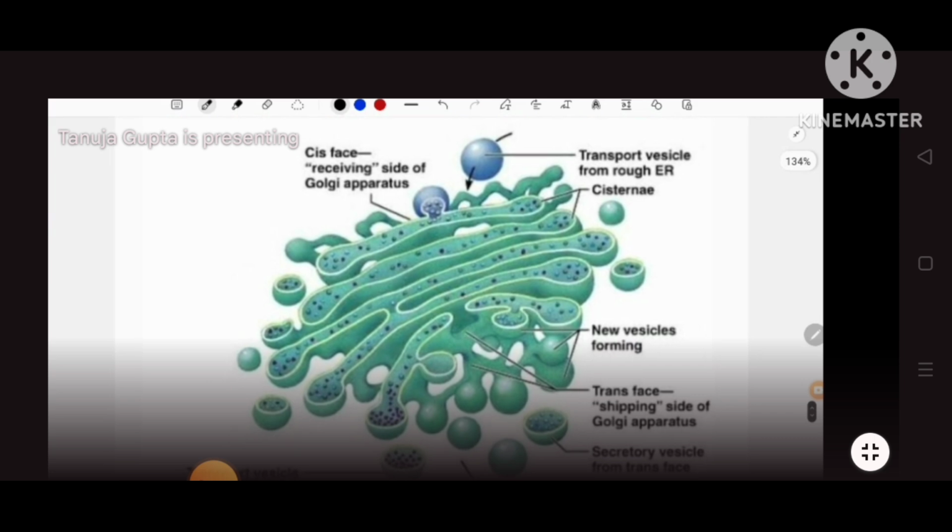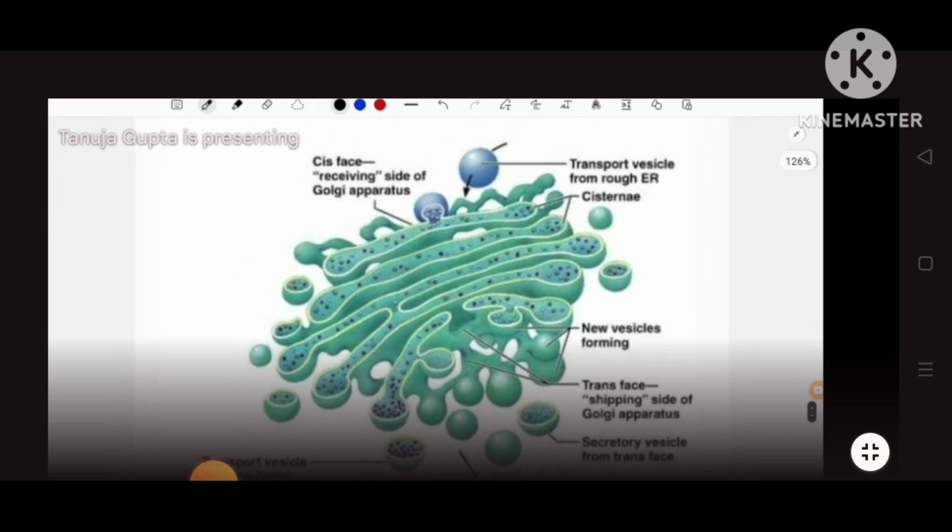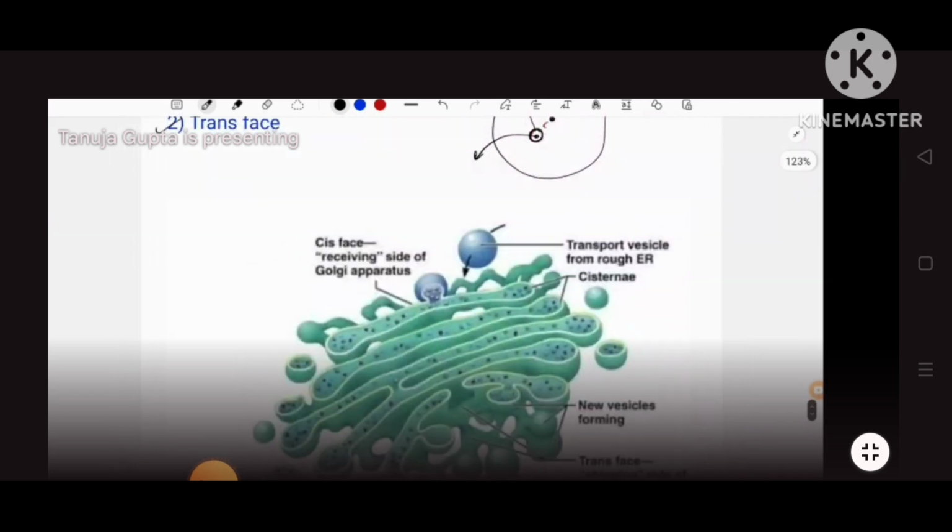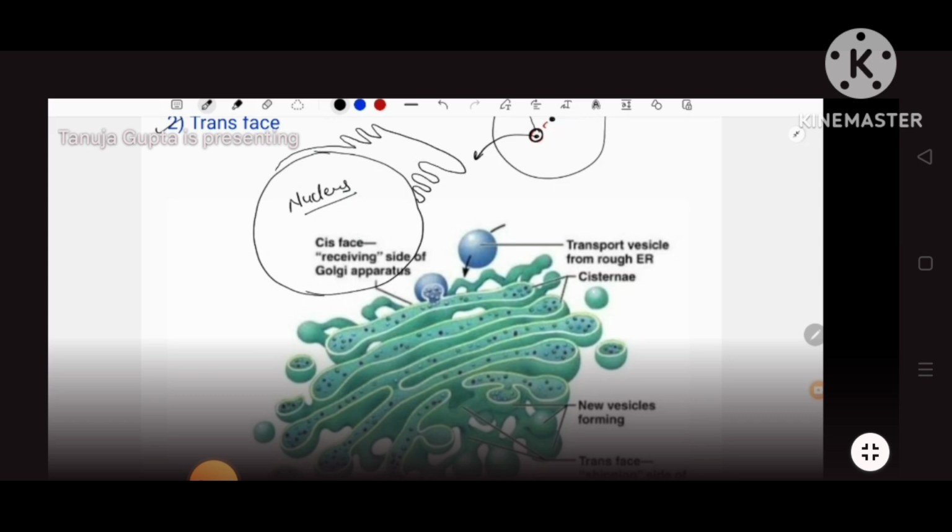Let's have a look. This is the Golgi apparatus, as you can see. Always remember this is the nucleus, and the Golgi is always present nearby the nucleus. From the nuclear membrane only, this ER is formed like this. From the ER the products are formed. Once formed, these products enter into this Golgi body for further packaging.